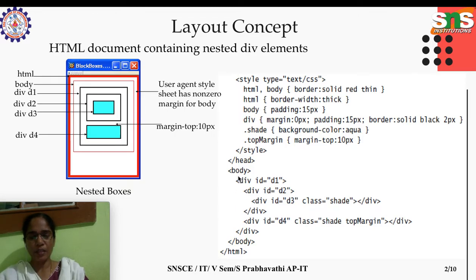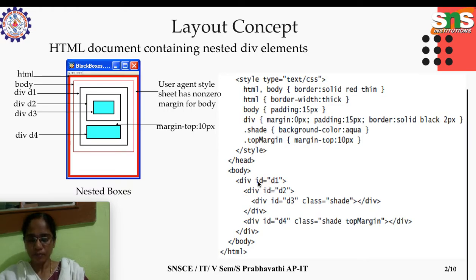In the body part we have the division element. As I told you, a division is simply to provide sectioning of our HTML documents. We have div id equal to d1. I hope you know what id stands for.